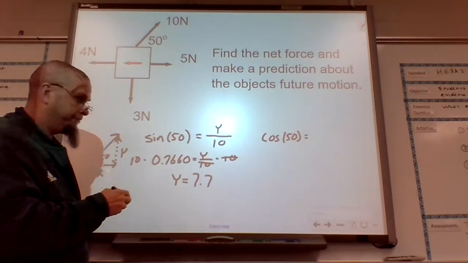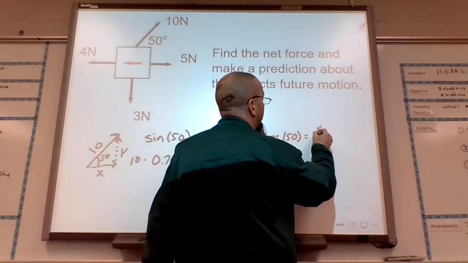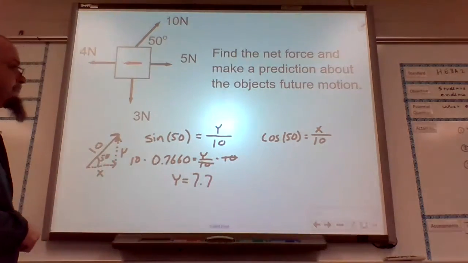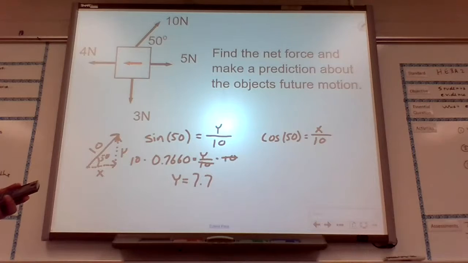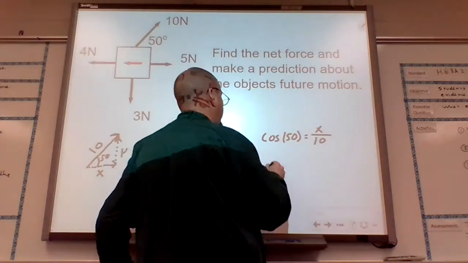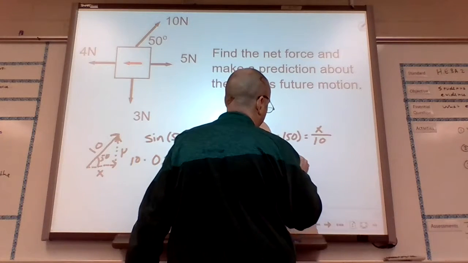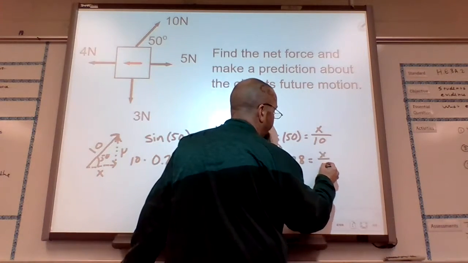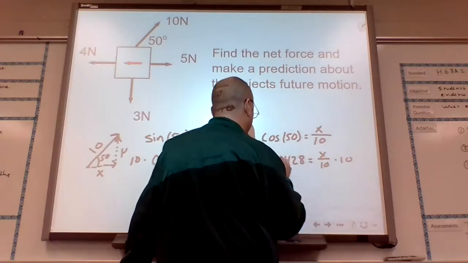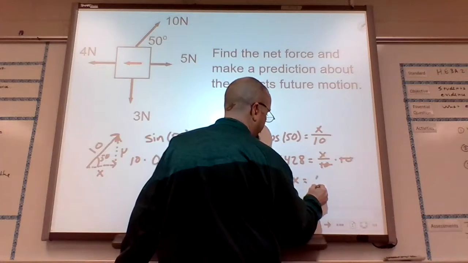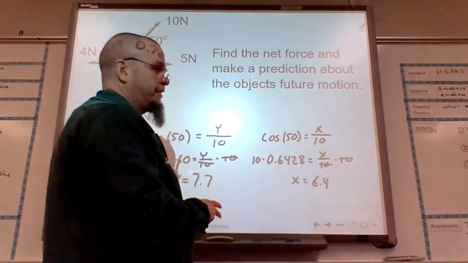So my x, and my hypotenuse is still 10. Cosine 50 is 0.6428. That is equal to x over 10. Multiply both sides by 10. My x is 6.4.